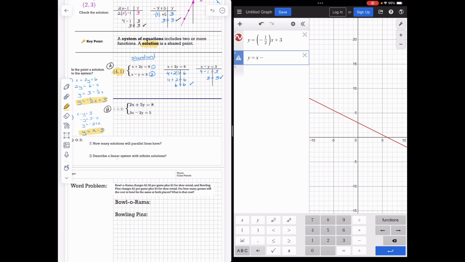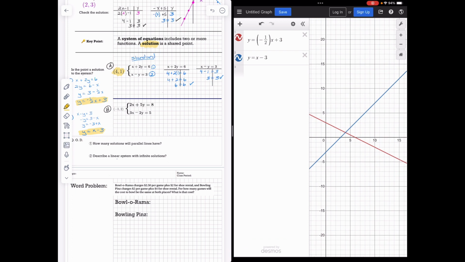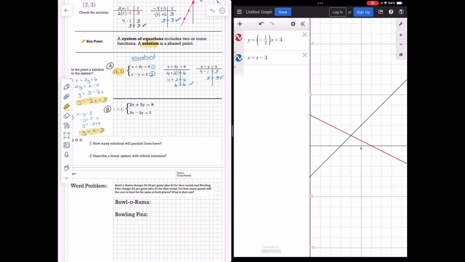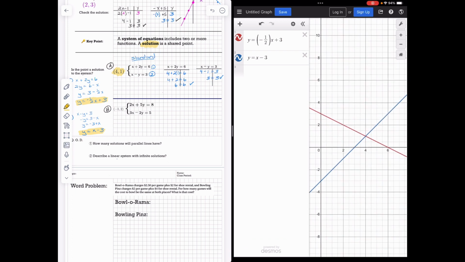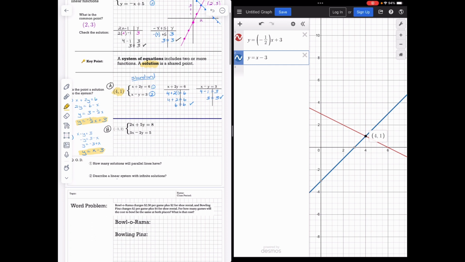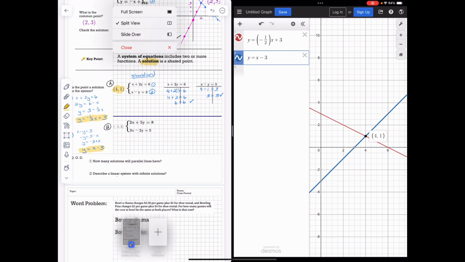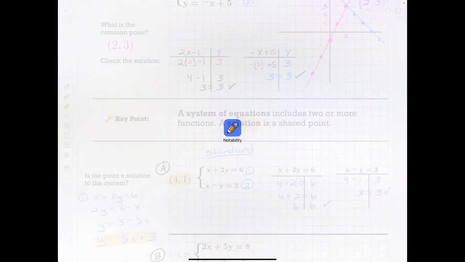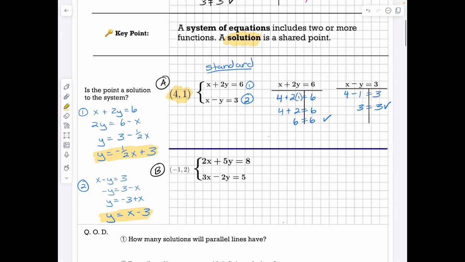And then I'm going to zoom in right here. I put my finger right there where they come together. And Desmos is telling me that the point of intersection is 4, 1. So the same thing that we had in our notes, right? All right, go back here, full screen into the notes. So it works.